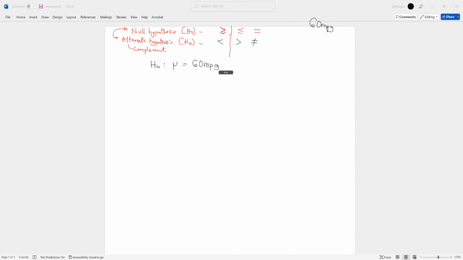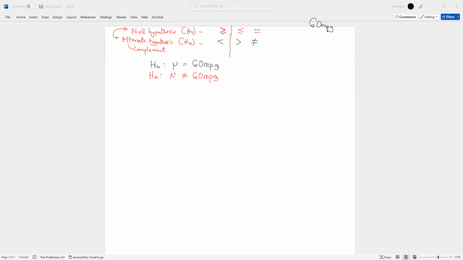But I don't really think it's true. So I disagree with them, right? But I have to test to see if it's true. So I would say, okay, mine is not equal to what? 60 miles per gallon.